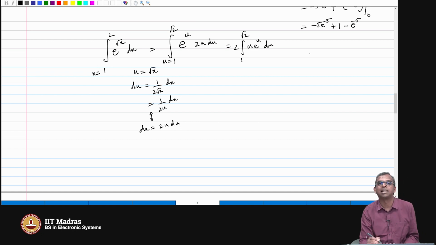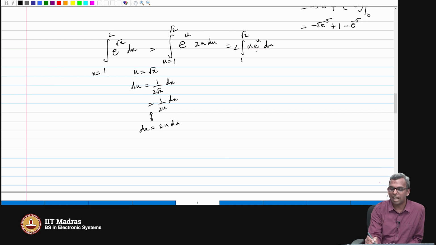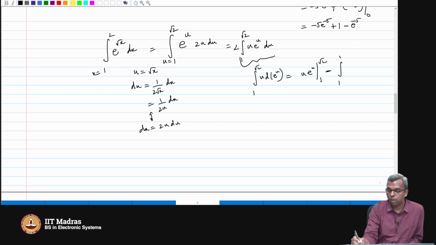Now you can use parts. Of course, you know the antiderivative of this, it is just u minus 1 times e power u. You can use that directly, or you can use my wonderful little parts method I showed you: integral 1 to root 2 u d of e power u, and that is u e power u between 1 and root 2 minus integral 1 to root 2 e power u du.